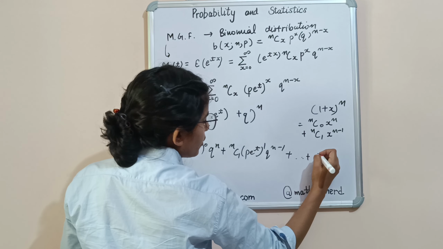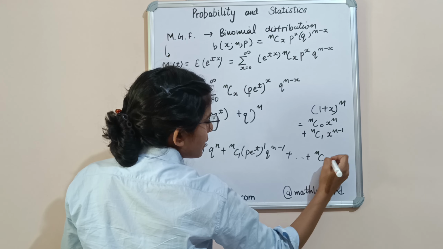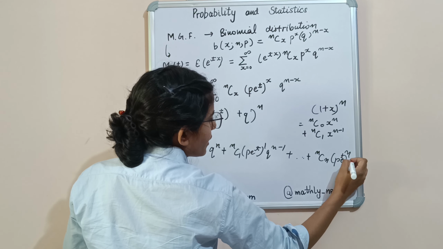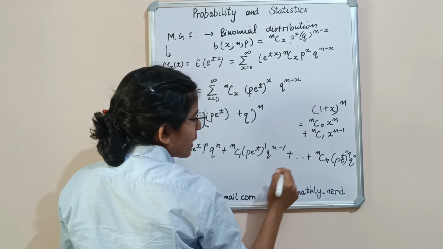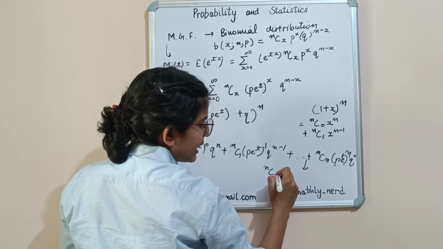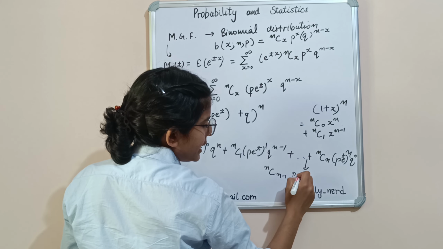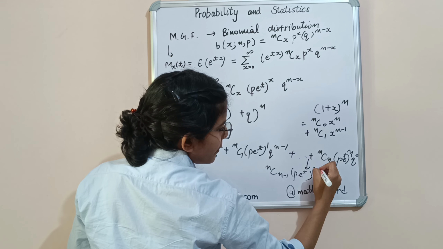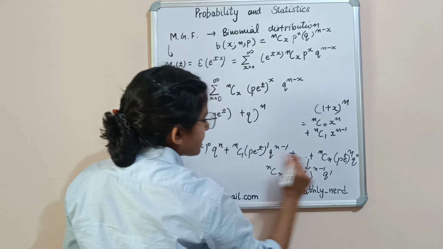Similarly, we go on: nCn (p e^t) raised to power n q raised to power 0, and before this will be the term nC(n-1) (p e^t) raised to power n minus 1 q raised to power 1.